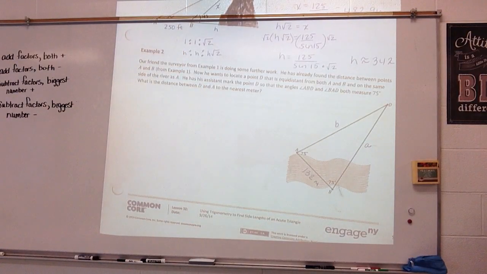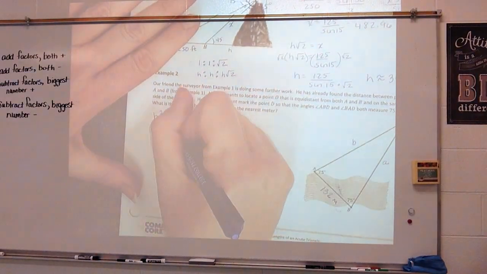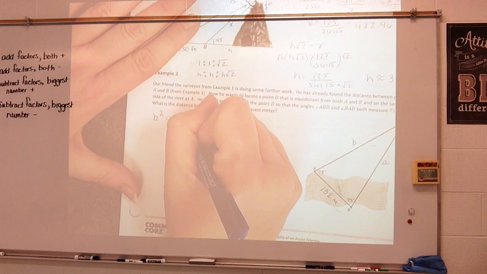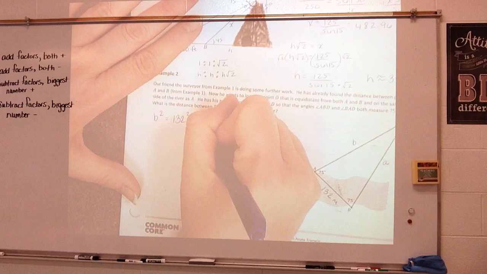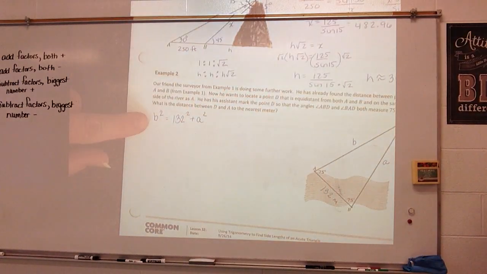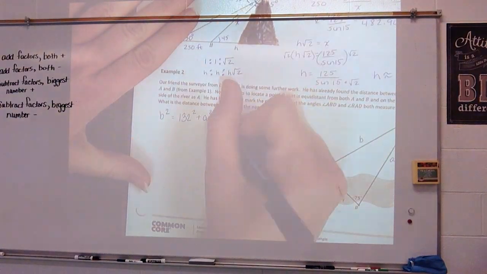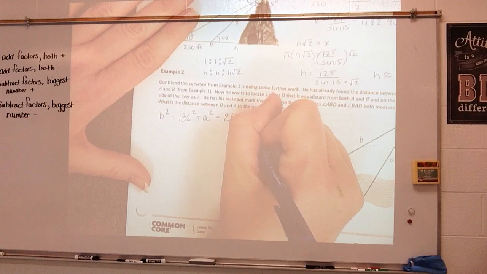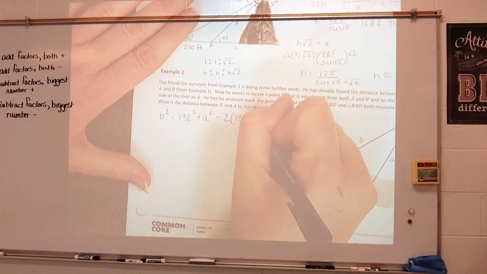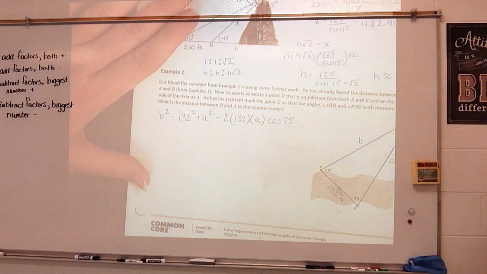Alright, so our law of cosines: B squared is equal to 132 squared plus A squared, because we're trying to find B, minus 2 times 132 times A cosine of 75.